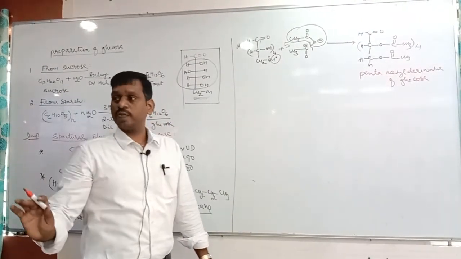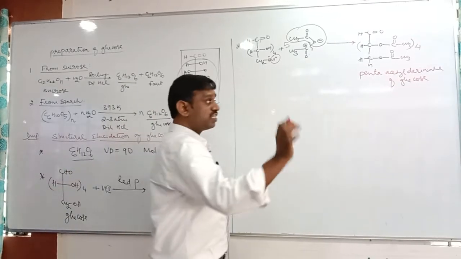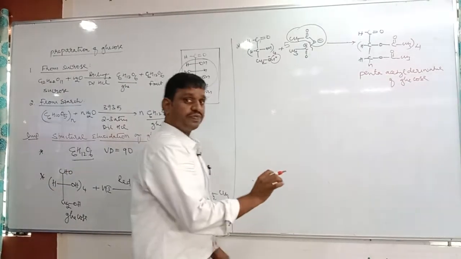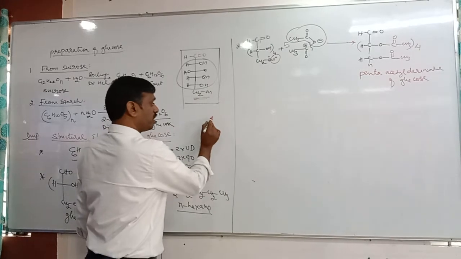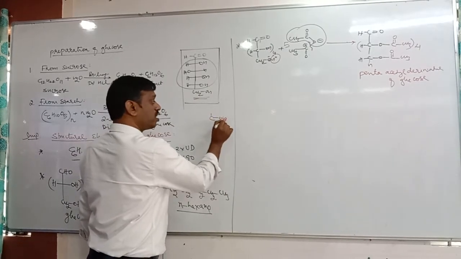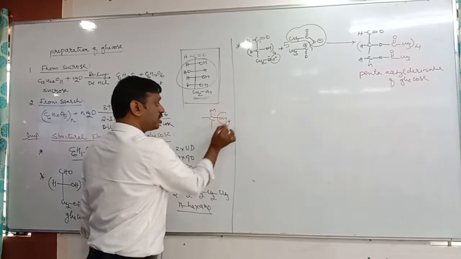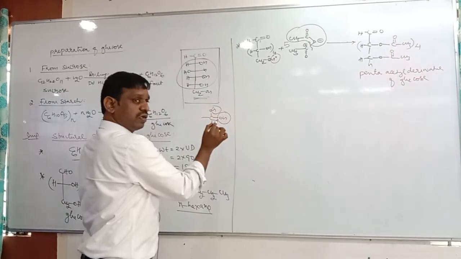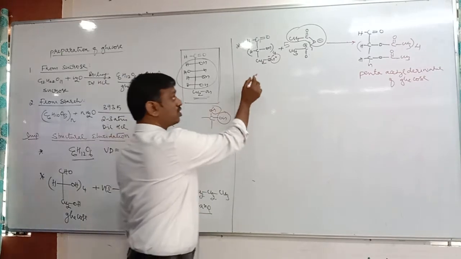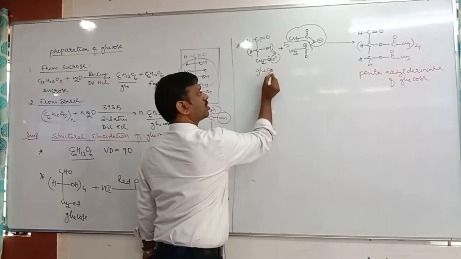It is not on the same carbon, because suppose it is on the same carbon, what could happen? We know that if any carbon has more than one OH group, it is highly unstable and immediately eliminates water. Is our glucose a stable molecule or an unstable molecule? Stable molecule.